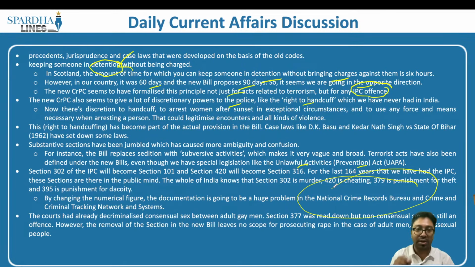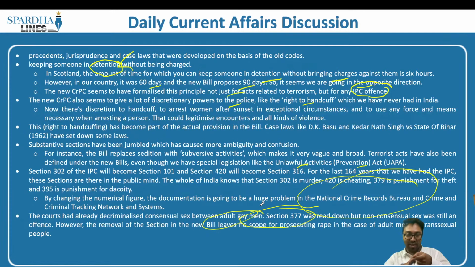The courts had already decriminalized consensual sex between adult gay men under Section 377 of the Indian Penal Code. This has now been completely removed. The problem here is, when this particular section is removed under the new legislation, what was decriminalized? Decriminalization was with respect to only consensual sex.